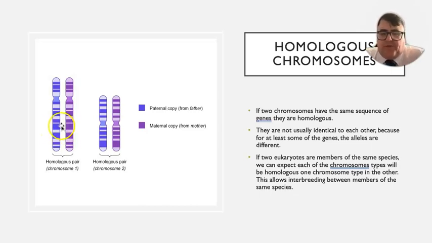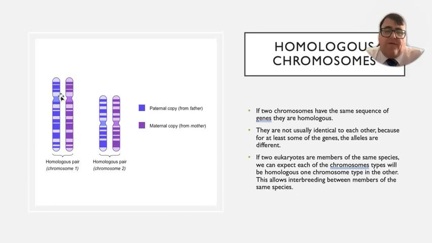So we have 2 copies of chromosome 1, one from your father and one from your mother. They have the same genes in the same location. There might be slight variations in the alleles of those genes, but they have the same genetic information. That means they are homologous chromosomes. They're not identical because of those alleles, but they are homologous.